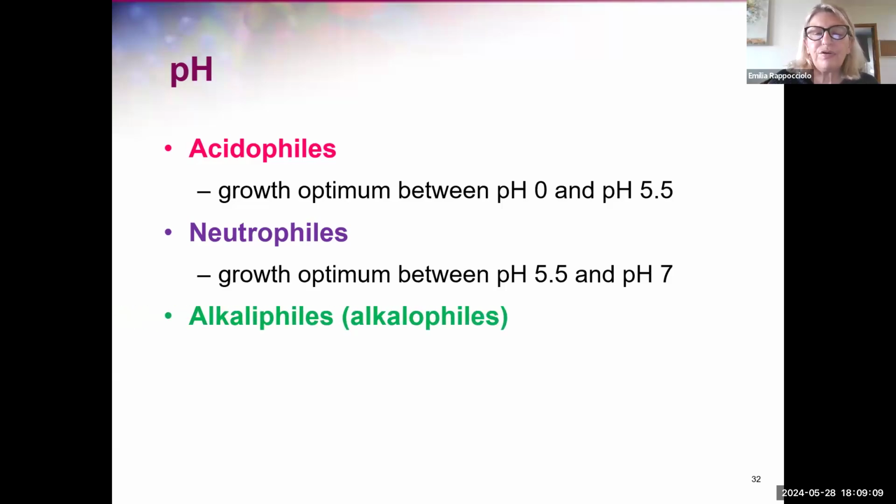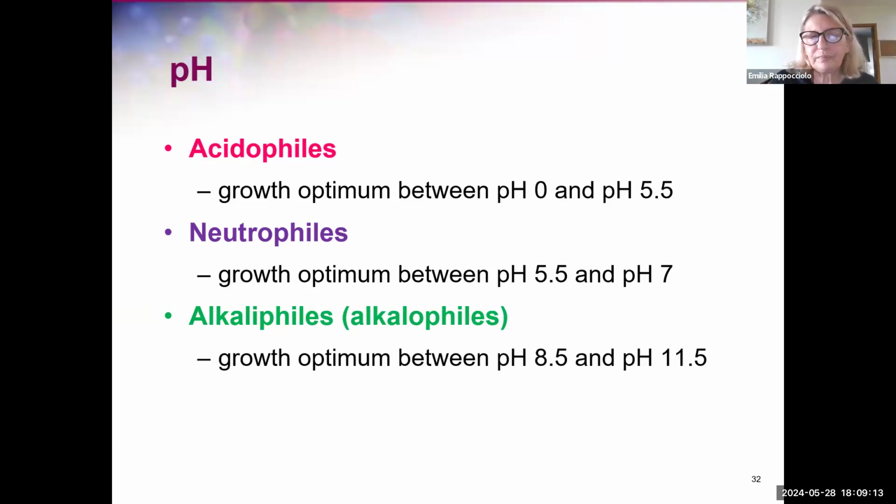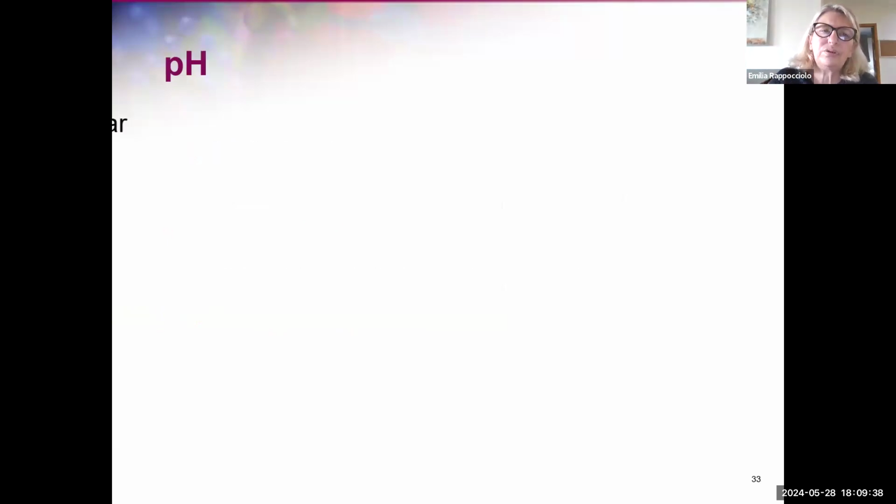Alkaliphiles or alkalophiles require pH above 7, with growth between 8.5 and 11.5. There is nothing that we have been able to isolate so far that grows at pH above 12, above 11. And there aren't many environments where you have alkaline conditions. It is more likely that you have acidic conditions.